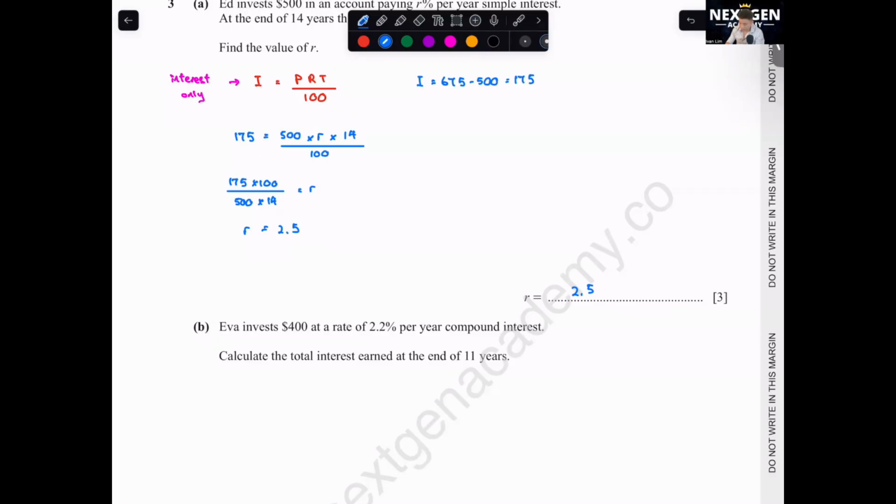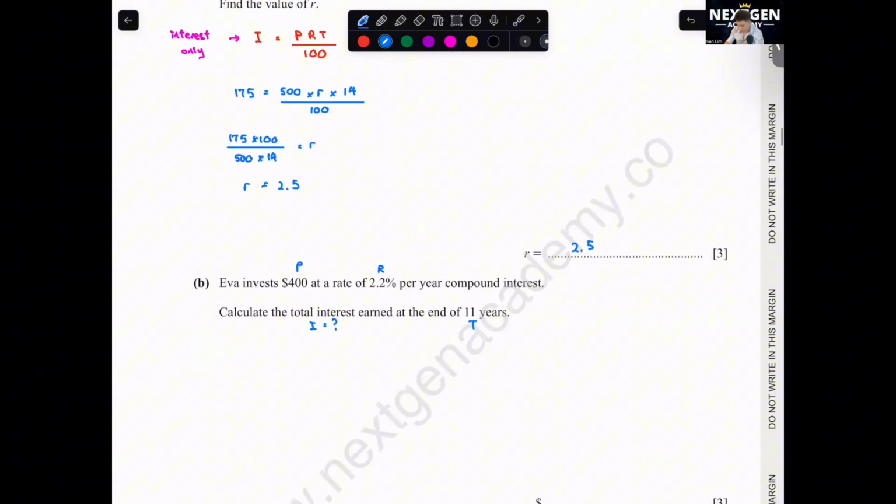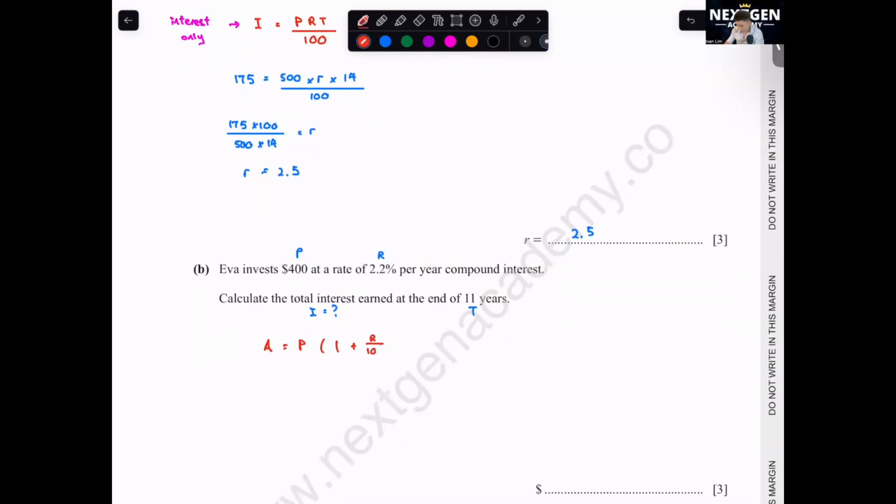Question B. Eva invests $400 at a rate of 2.2% per year compound interest. Calculate the total interest earned at the end of 11 years. We have P, we have R, we have T. They want us to find I. The formula for compound interest is A equals P bracket 1 plus R over 100 to the power of T. However, A here is principal plus interest.